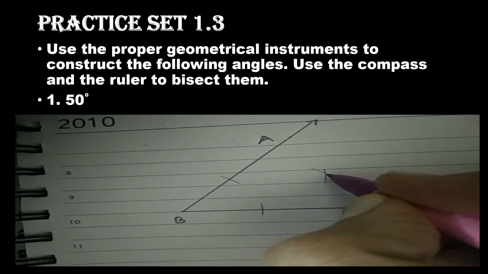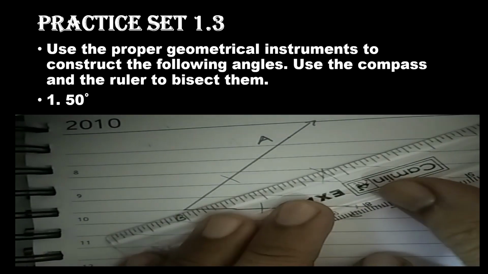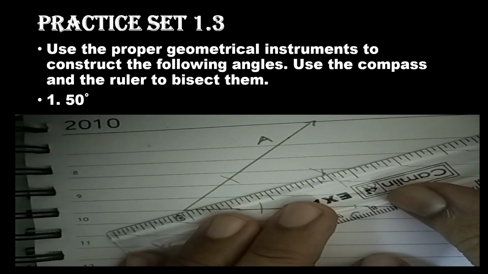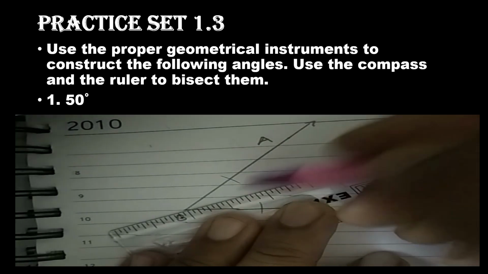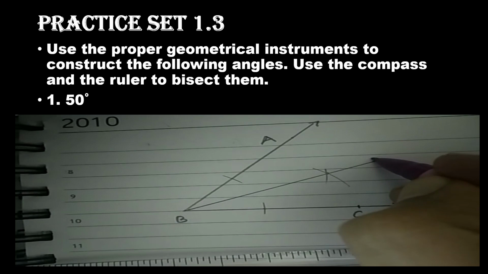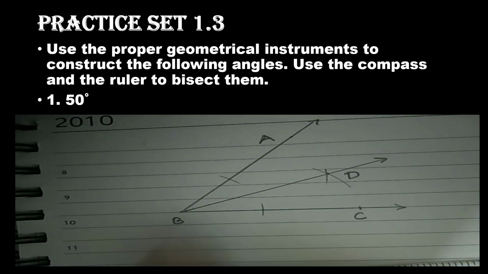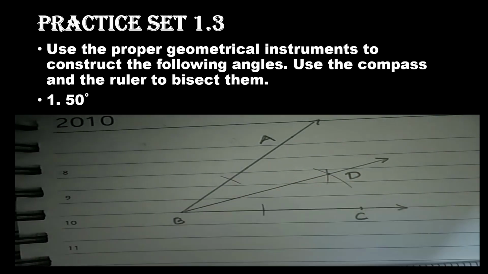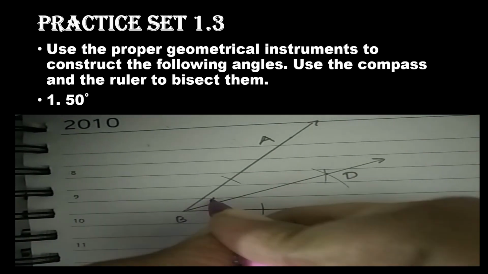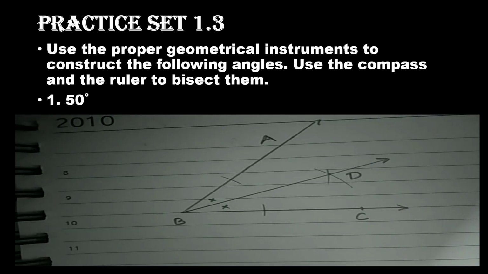And then mark this intersection point and join with the vertex. You can name this point as D. So ray BD is the angle bisector. Angle bisector means it divides the angle in 2 equal parts.